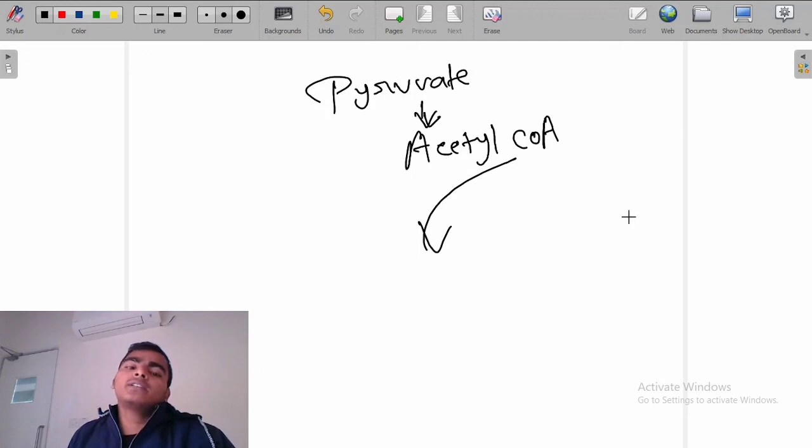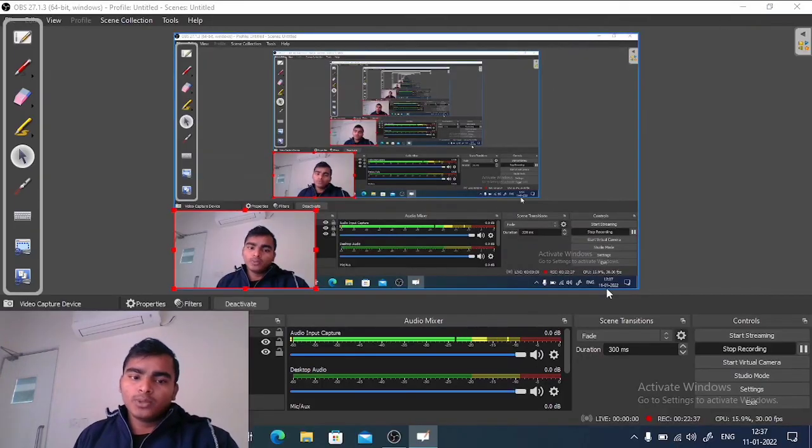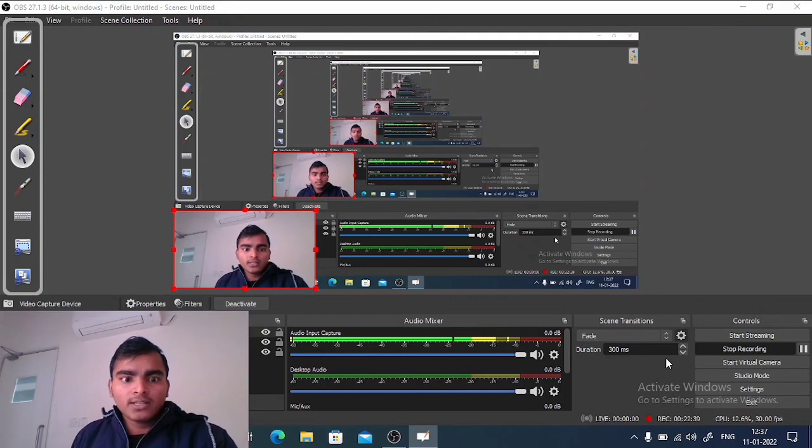And then next is the ETS, electron transport system, in which we are going to use our NADH and FADH2 to produce ATP molecules. So this is the overview of glycolysis and cellular respiration.